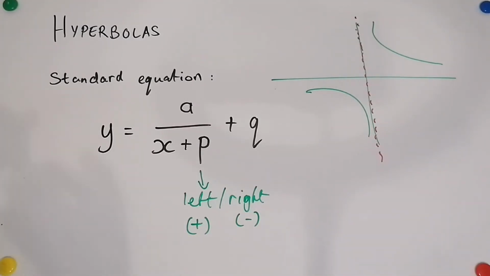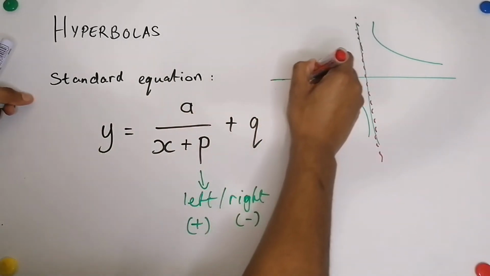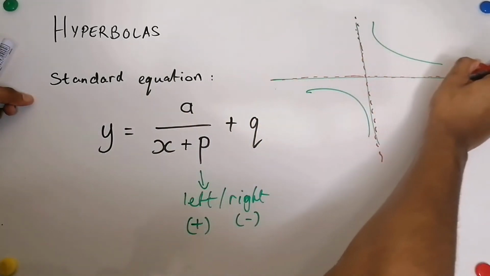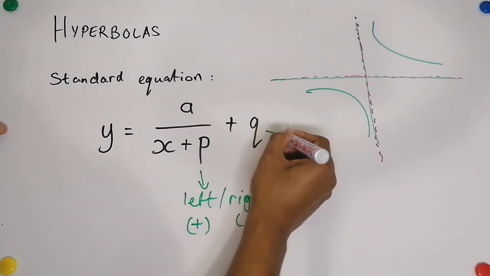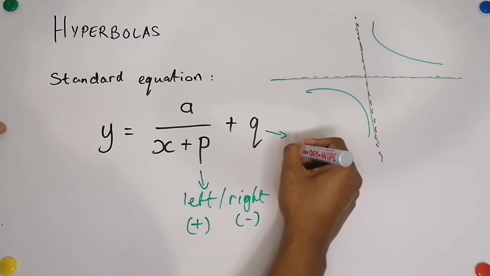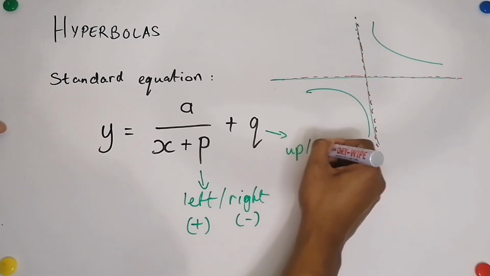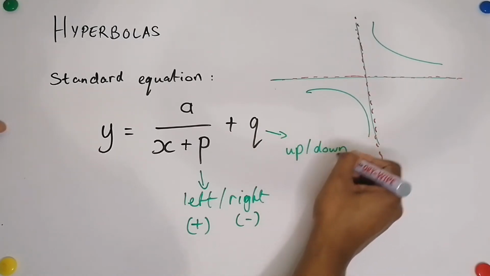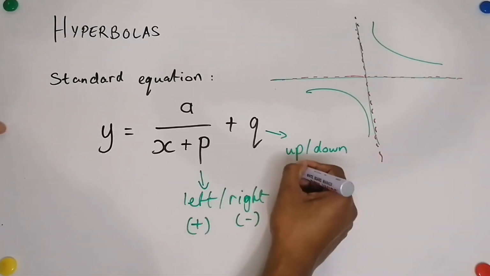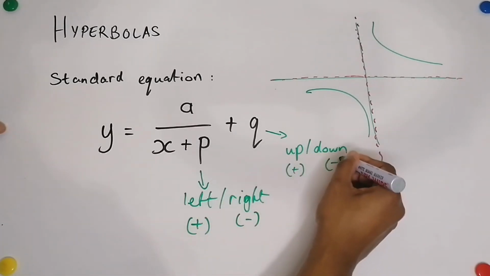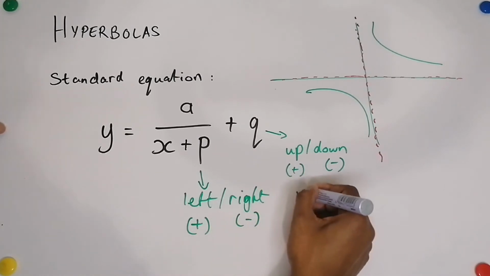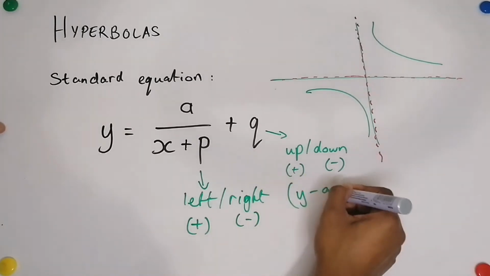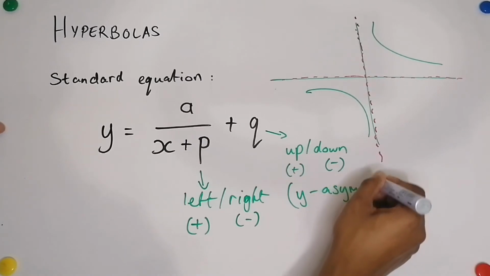The same goes for the horizontal asymptote. If this graph must move up or down, then the horizontal asymptote will move with that. And q is our indication of the horizontal asymptote. So this is the up or down shift. Up will be when q is positive, down will be when q is negative. And just like I said, this is an indication of the y asymptote.